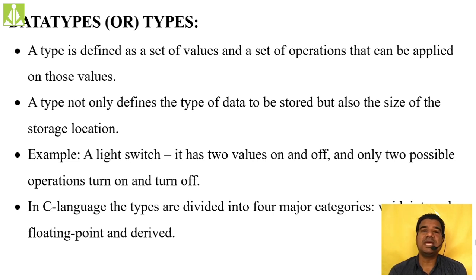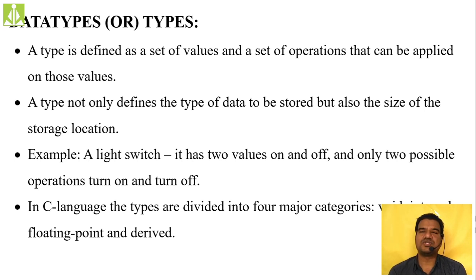So who will do the job for us? Who will specify what type of data we are going to store inside the variables? These data types only. What these data types do is tell the compiler that whatever variable you are creating has some specific meaning, and it is going to hold only a specific type of data inside your program.